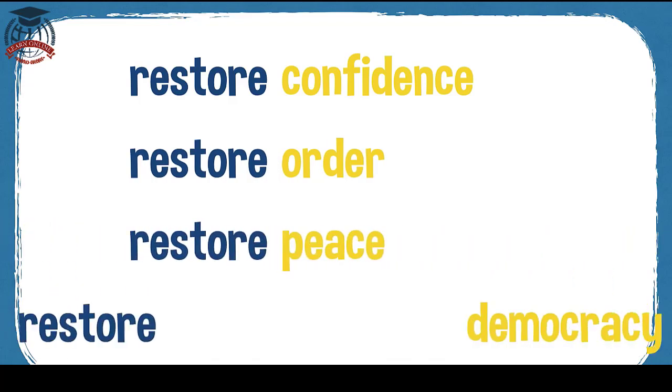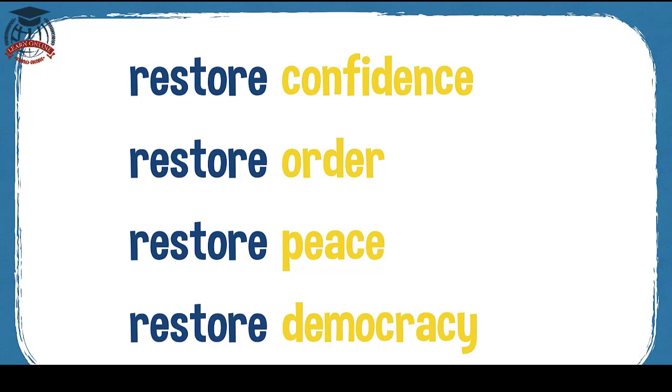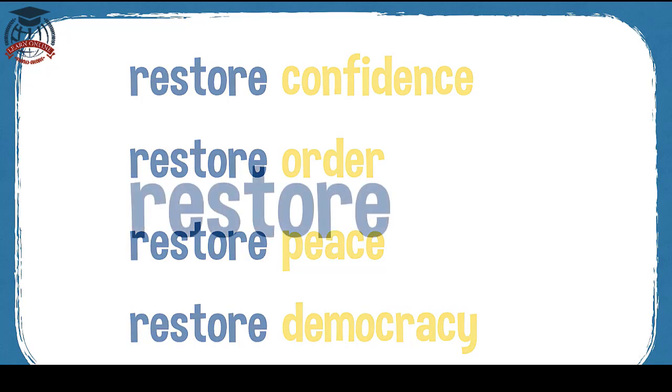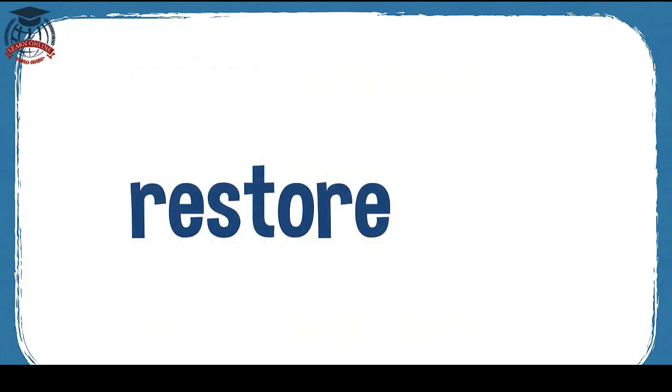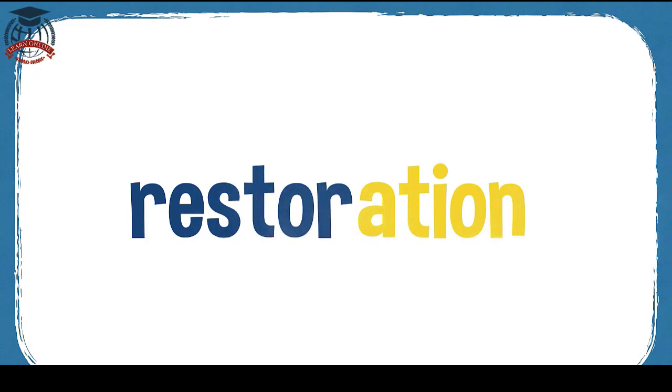Restore peace. Restore democracy. Note the pronunciation of restore. And as a verb you can have restores, restoring, restored. And the noun form is restoration. So you can have the restoration of the monarchy in England in 1660.